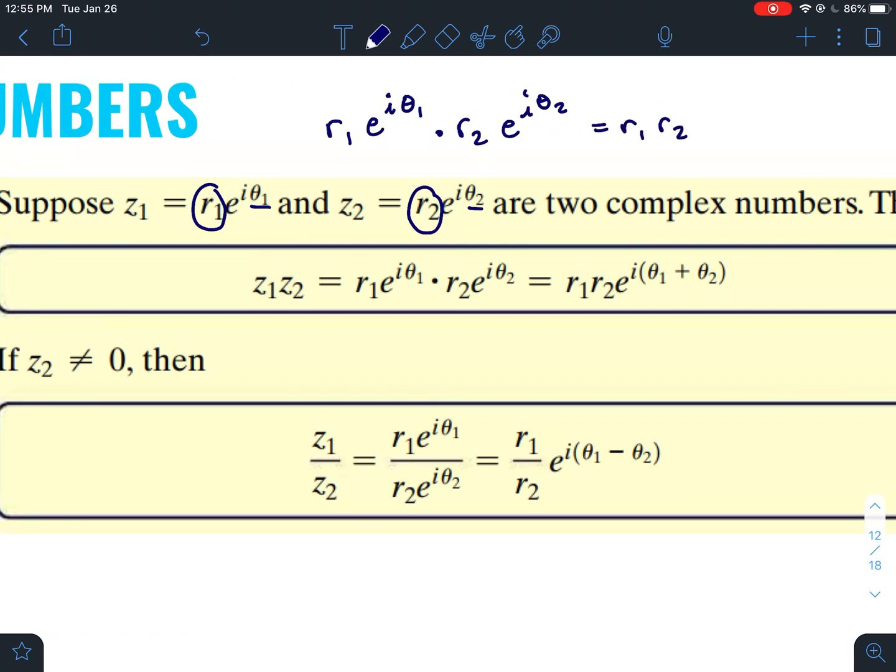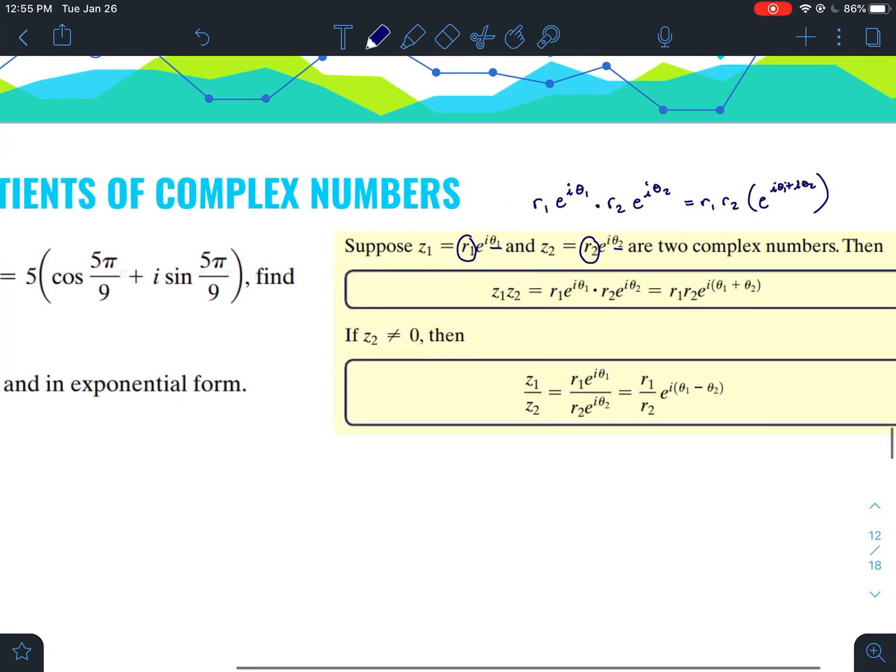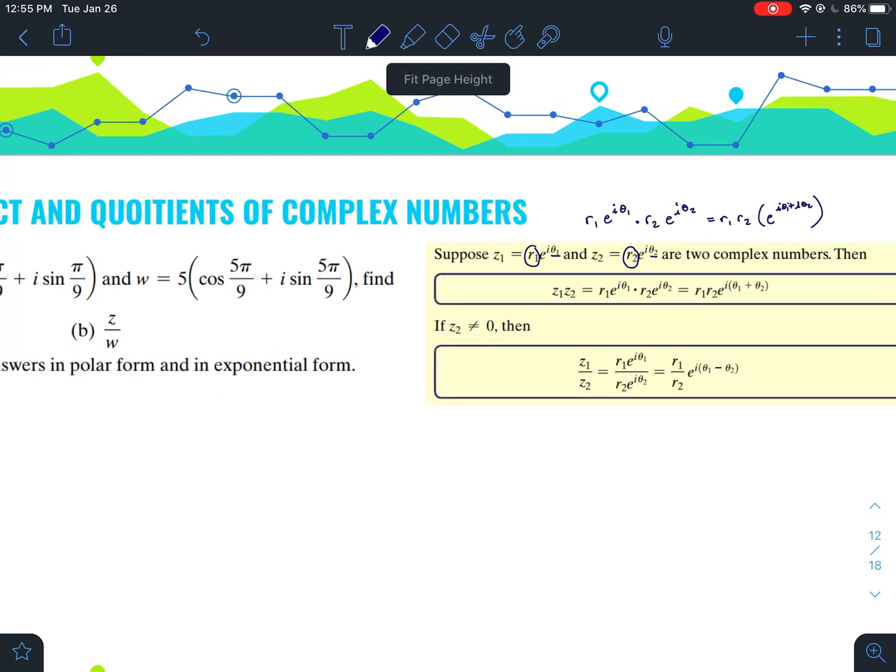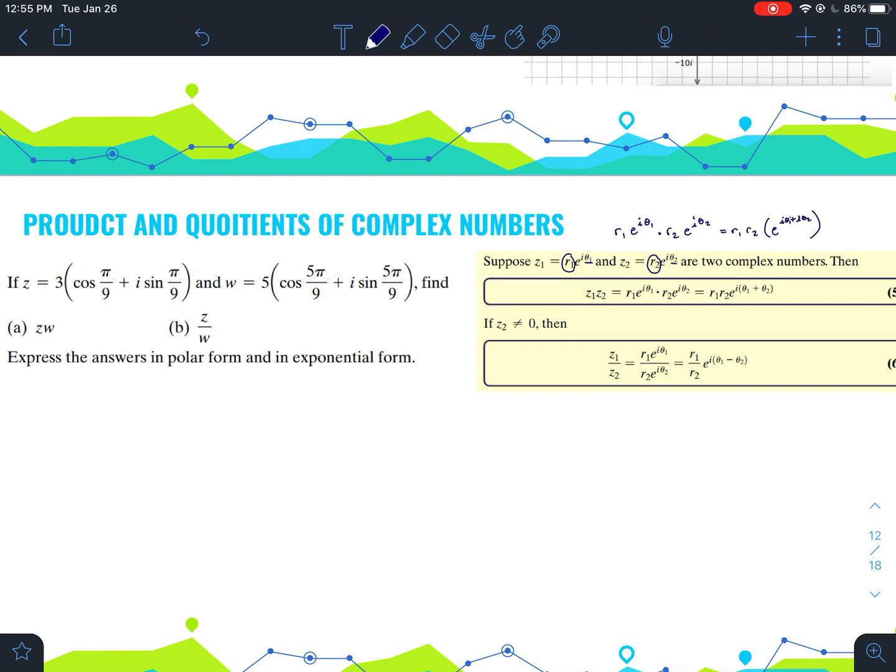And then remember the rules for exponents is you can add the exponents as long as they have the same base, and we're multiplying. So this would be i theta 1 plus i theta 2. So you would add the exponents. So when you are multiplying two complex numbers, you multiply their radii and you add the angles. So multiply the r's and add the thetas.